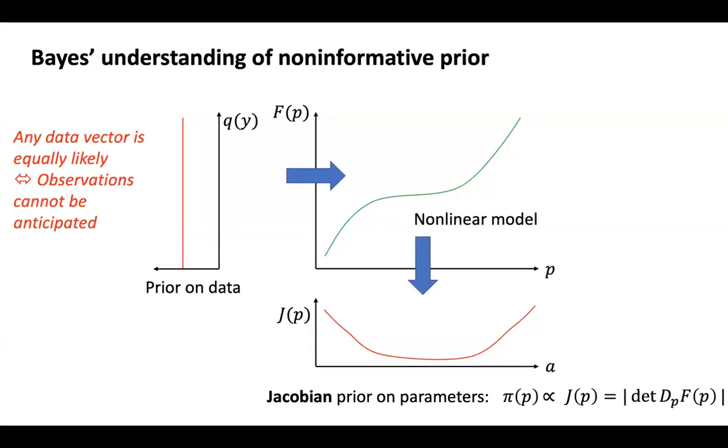In other words, our prior distribution should be proportional to the Jacobian computed on our model, whatever f is here, and that's what we should start with to avoid making any assumptions about the relative likelihood of data values.